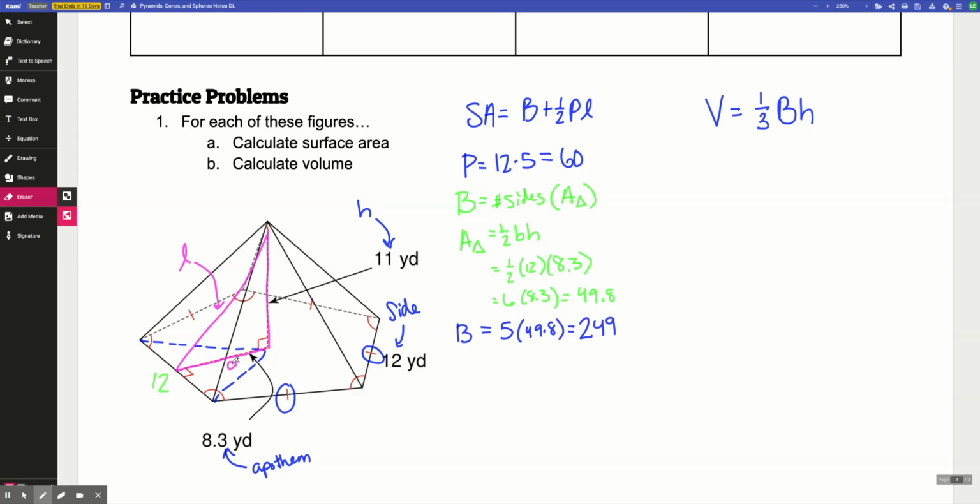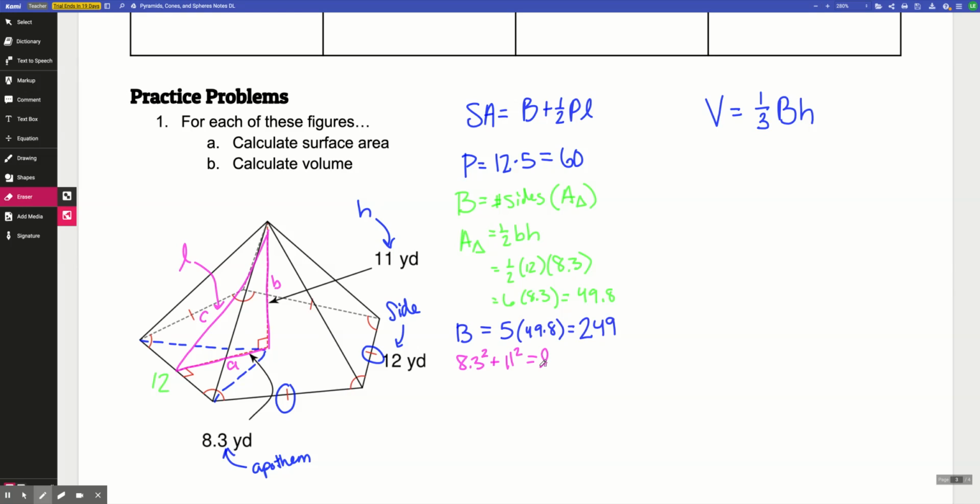So here, right, I have A, B, and C. So I need to use my Pythagorean theorem, okay? So in order to find my slant height, I need to do A squared plus B squared equals C squared. So my A is 8.3. My B is how tall the actual pyramid is, which is 11.